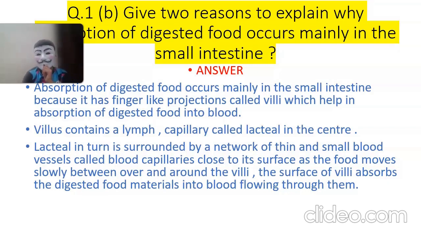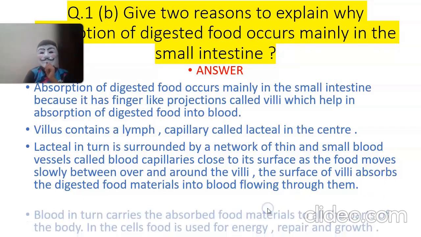The network of thin and small blood vessels, the blood capillaries, is close to the surface, where the food moves slowly around the villi.